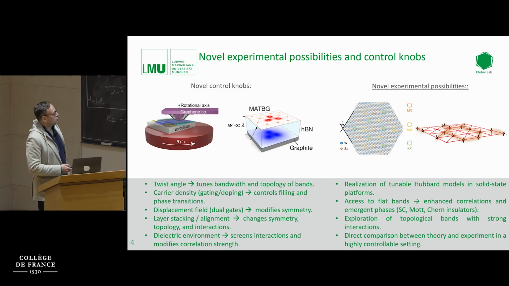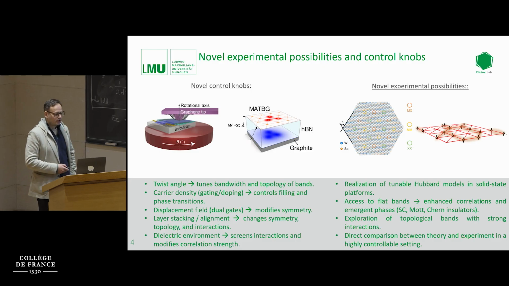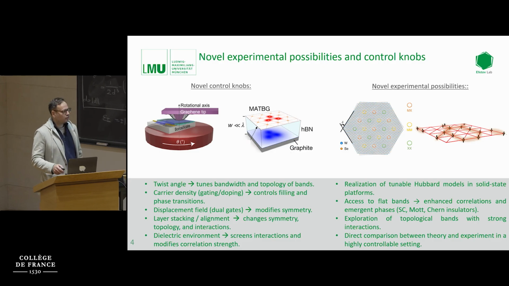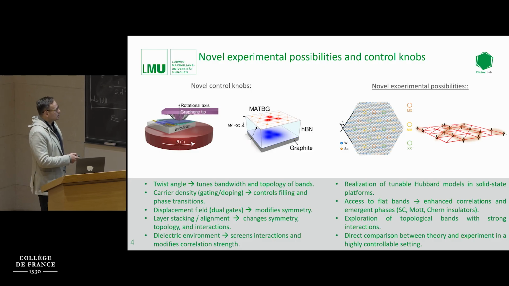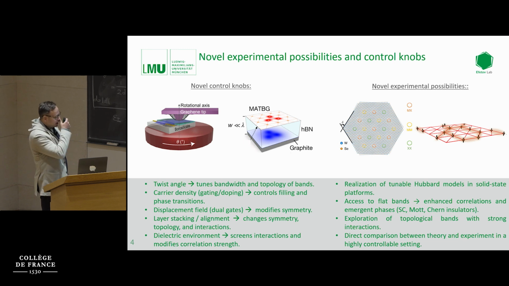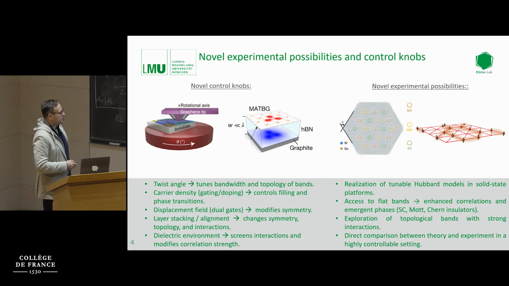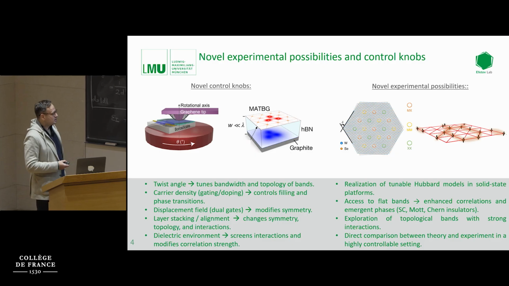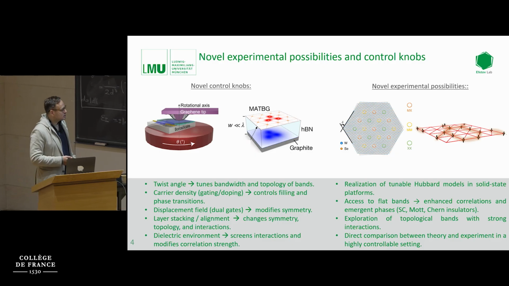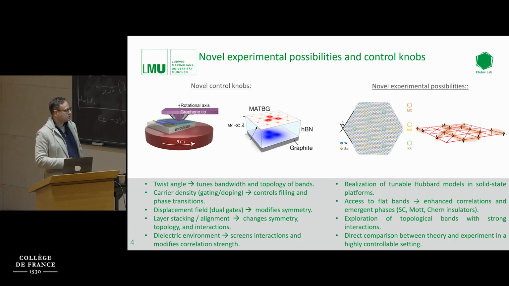This is just to give you an overview of the different tuning knobs that we have available for twisted materials. We can tune the twist angle and thereby tune the topology and the flatness of the bands. We have carrier density tuning knobs such as gates that can control the Fermi energy continuously. We can induce displacement fields that modify and flatten the band. We can induce layer stacking and alignment to different crystals, which can change the symmetry and topology of the systems.